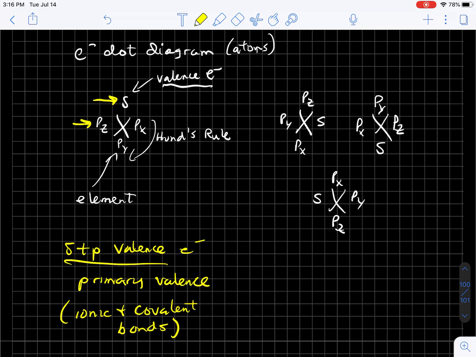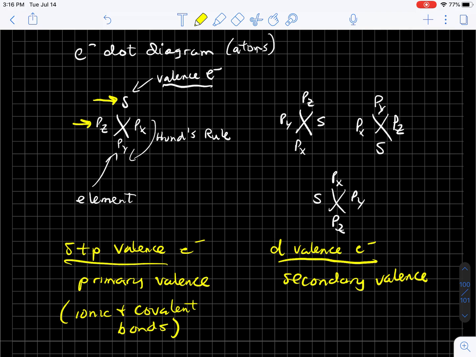These are strong bonds. The d shell electrons, and the f shell to some extent too, are something called secondary valence. Now these are weaker bonds, like when we had the copper sulfate pentahydrate.